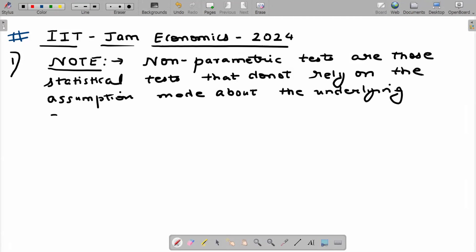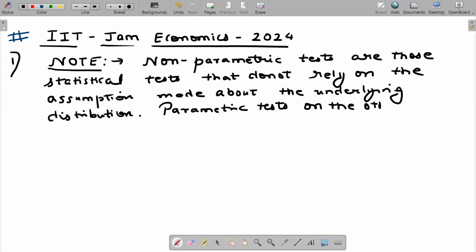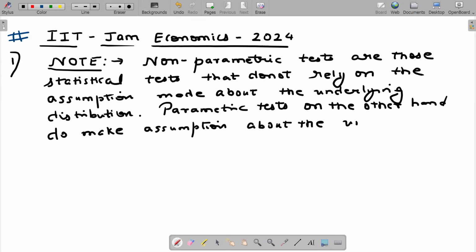They do not rely on the assumptions being made about the underlying distribution. Parametric tests, on the other hand, do make assumptions about the underlying distribution. They do make assumptions about the underlying distribution.